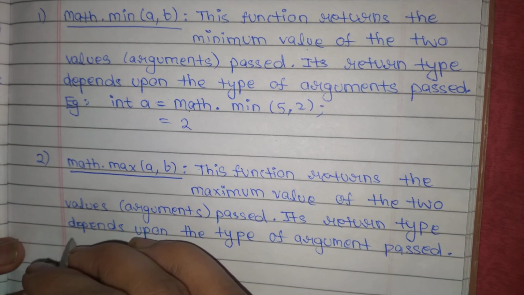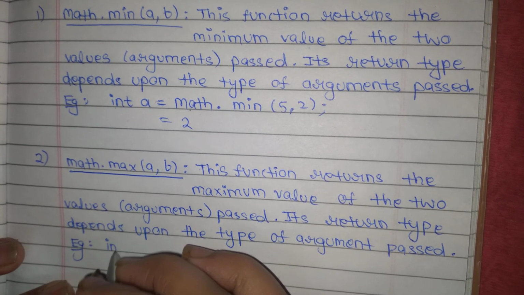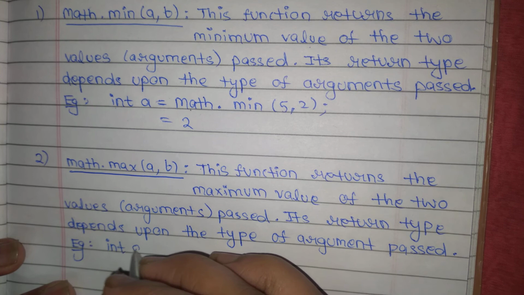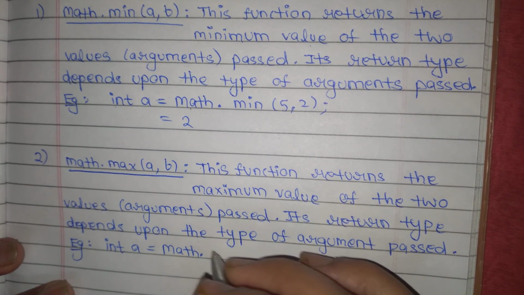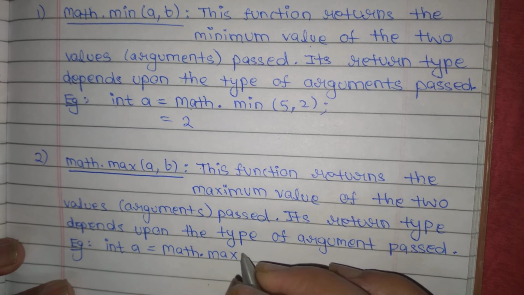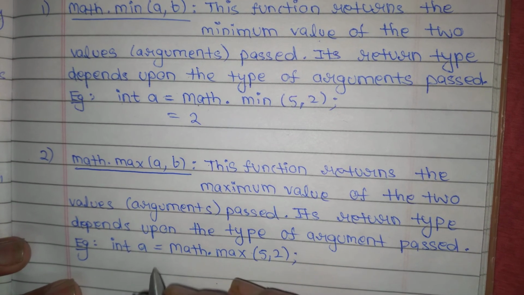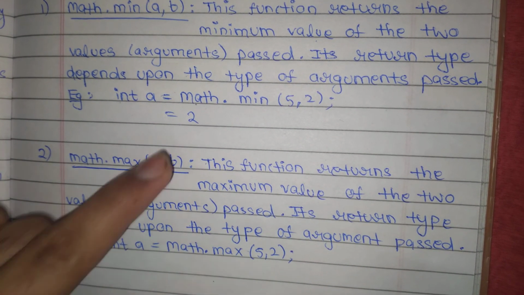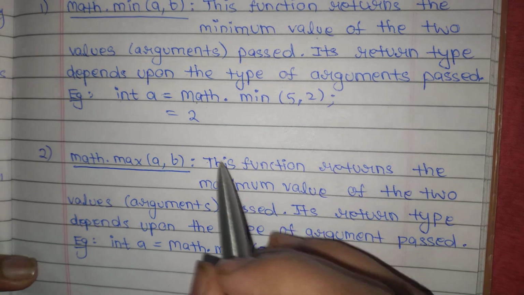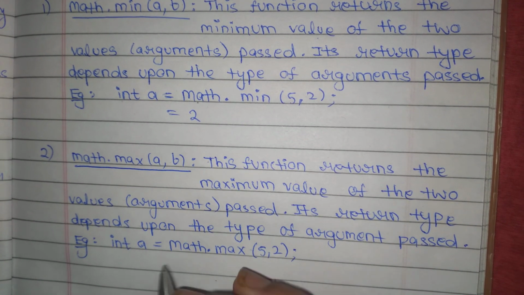Now example. Here I am also taking int a is equal to math.max(5, 2). Now a will take 5 and b will take 2, and this function returns the maximum value, so the maximum between 5 and 2 will be 5.